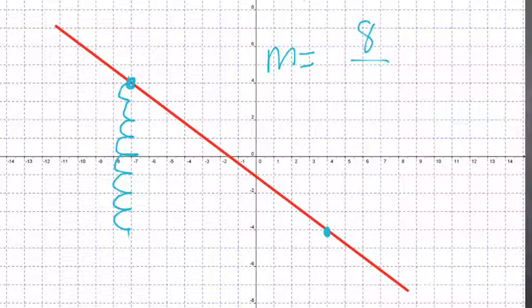Let me just count again. 1, 2, 3, 4, 5, 6, 7, 8, 9, 10, 11. So I ran 11, right? Let's simplify. 8 over 11, can it be simplified? Wait, did I count this correctly?